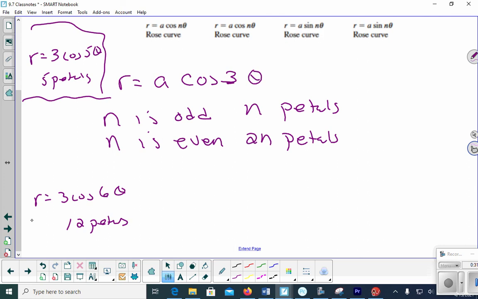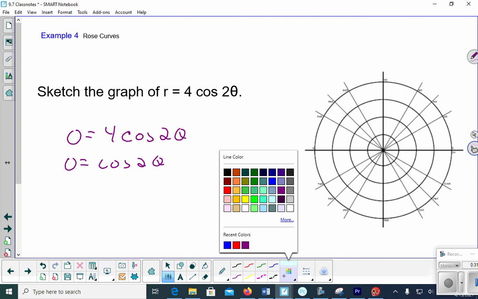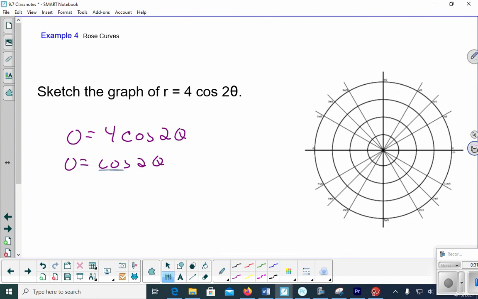Okay, so let's go through graphing one. So r is equal to 4 cosine 2 theta. So first thing I'm going to do is find my 0. So 0 is equal to 4 cosine 2 theta. Divide both sides by 4. 0 is equal to cosine 2 theta. So I'm going to sort of ignore the 2 for a second, and I'm going to ask myself, when is the cosine of theta equal to 0?